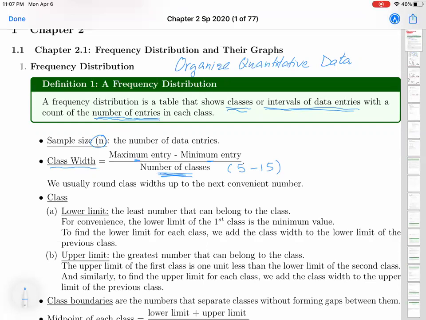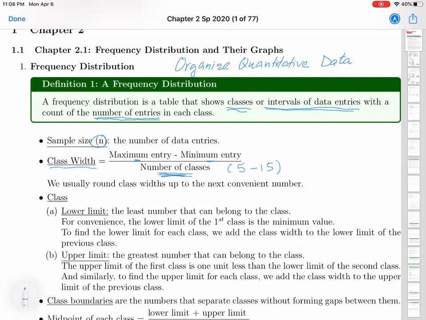If the size of the data or the sample size is less than 50, then the number of classes should be around 5 to 7. If the sample size of the data is larger, then the number of classes will be around 7 to 15.